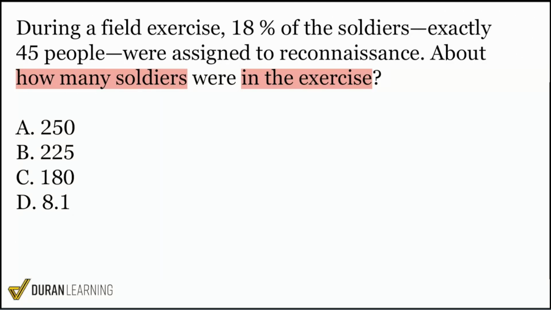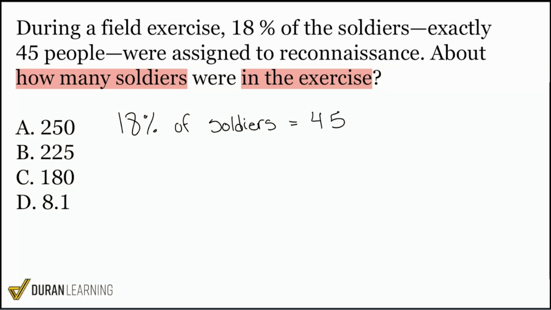Here it says, during a field exercise, 18% of the soldiers, which is exactly 45 people, were assigned to reconnaissance. Okay, everybody, 18% of the soldiers, which is 45 people, were assigned to reconnaissance.